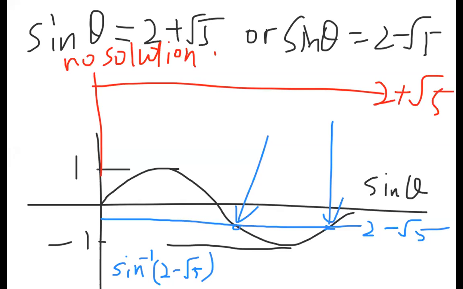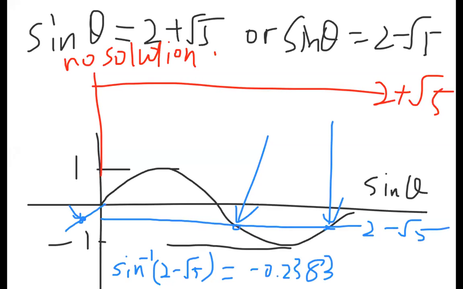But when you use the arcsine, this will return an angle between minus pi over 2 to pi over 2. So this actually would be a negative angle like this, right? This is not what we want. The angle is somewhere here.